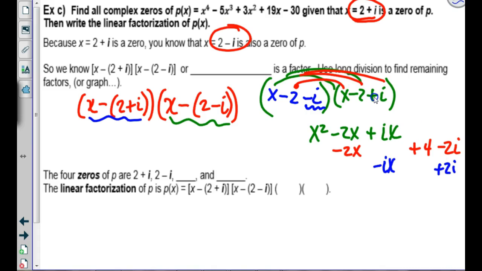And then negative i times positive i is negative i squared. I'm going to write that here because negative i squared is really what? i squared is negative 1, so when we have another negative out front, it'll be a plus 1. All right, so now combine all your like terms.